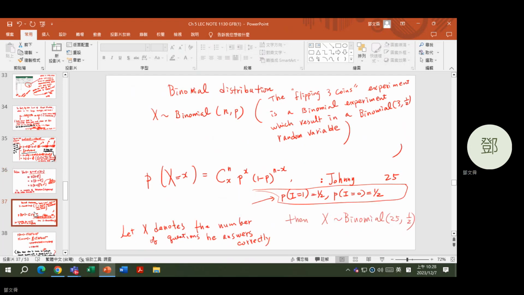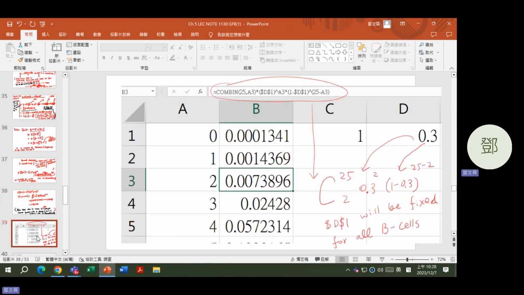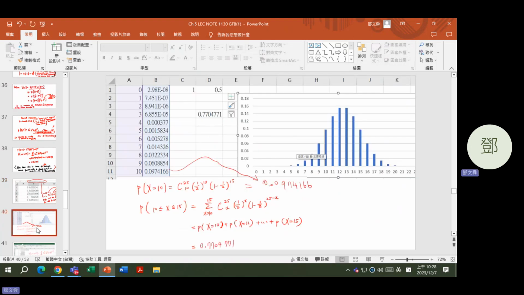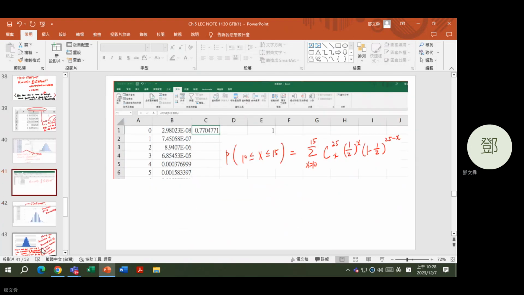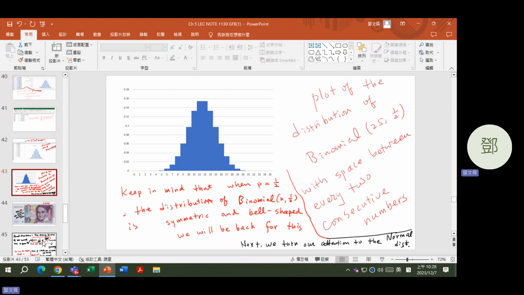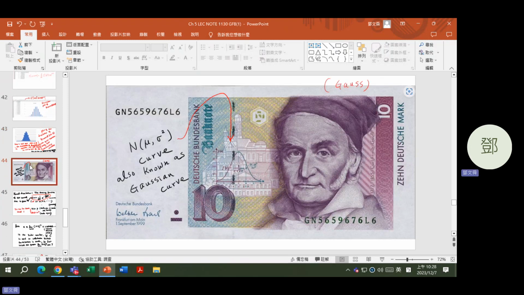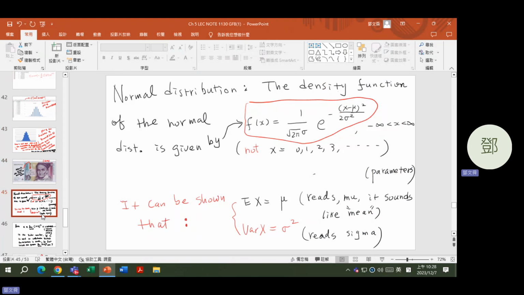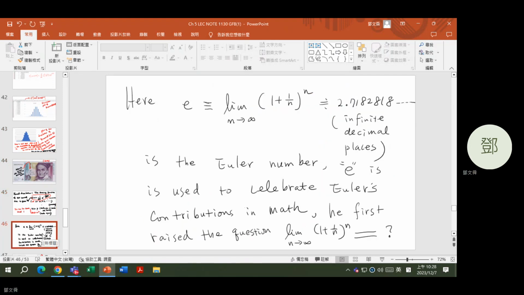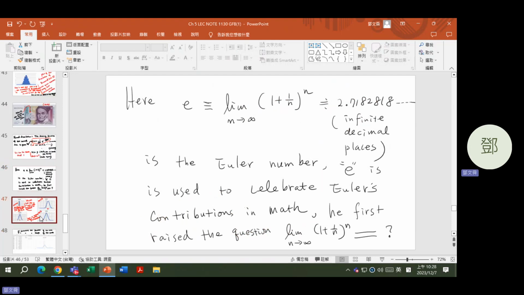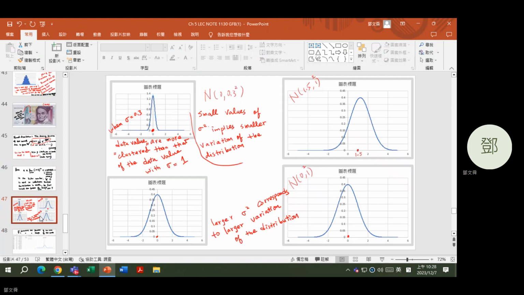After. Here. Normal distribution? Already here? Or here? This one? Before that, or after that? This one. Okay.